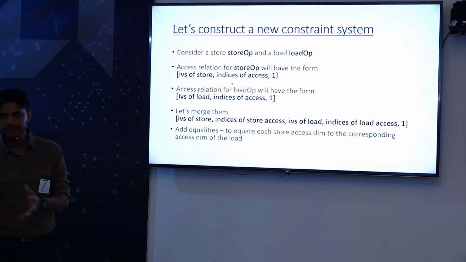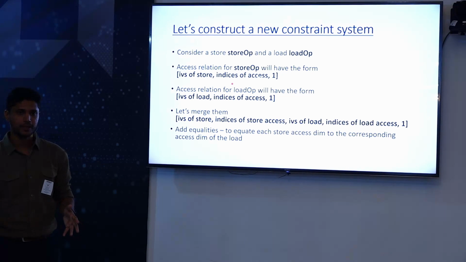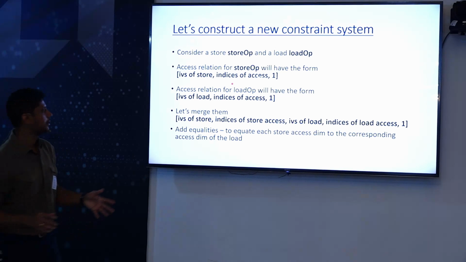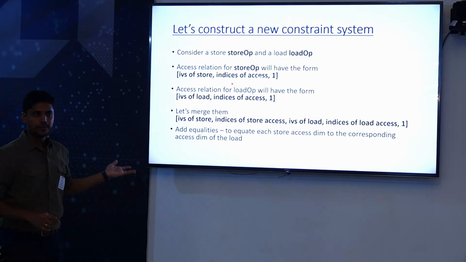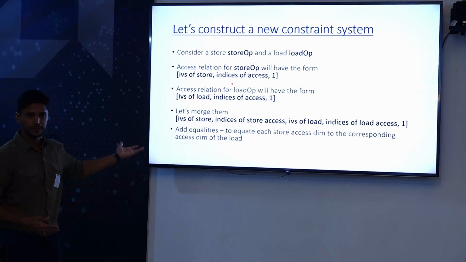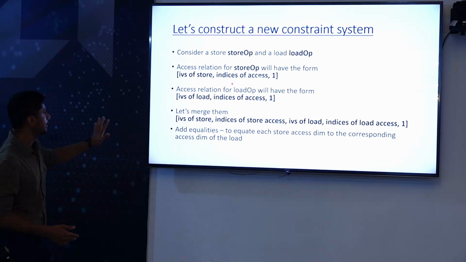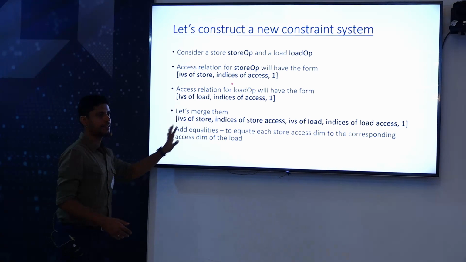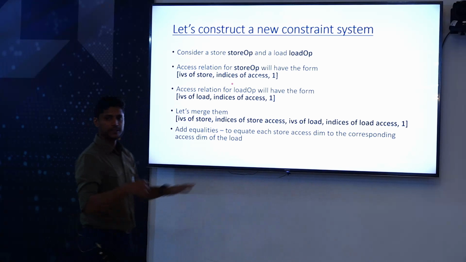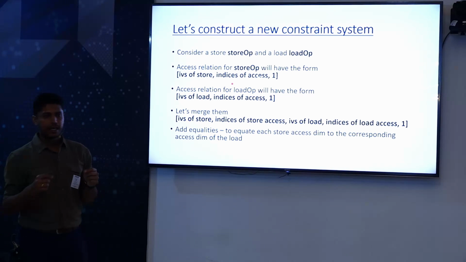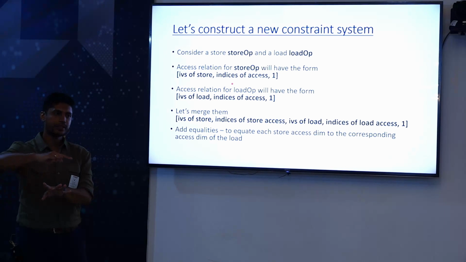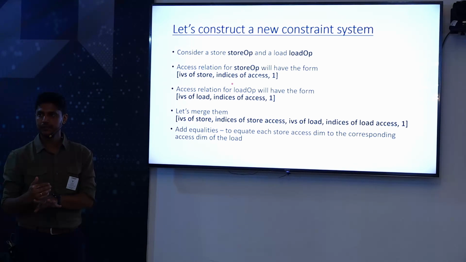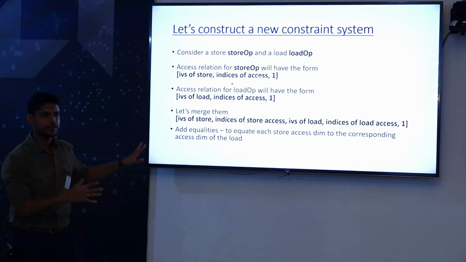It is okay if it is a little bit confusing because I haven't shown an example at all. It is very difficult to follow. But this is the theory of how we construct a dependence polyhedron. This is another polyhedron. It's a relation between source IVs and destination IVs, constrained in such a way that if you say, I want the destination's second iteration, who is writing to it in the source, you can get that answer using the dependence polyhedron.